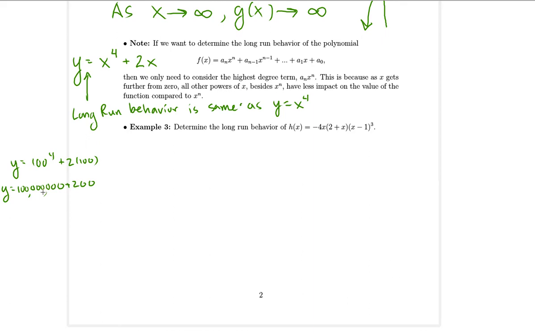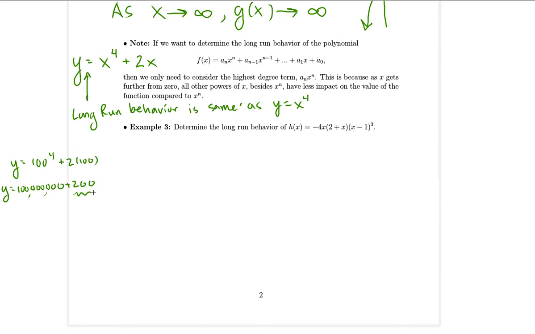So let me just ask you this in terms of money. If you won $100 million and then you lost your wallet that had $200 in it, are you really going to care very much? The answer is no, right? Compared to 100 million, this 200 number is insignificant.